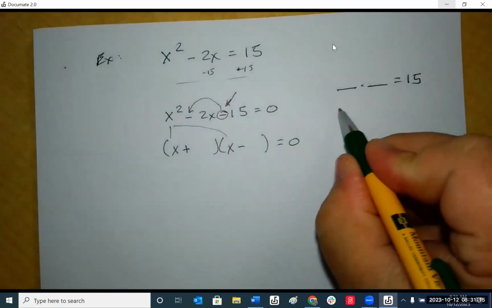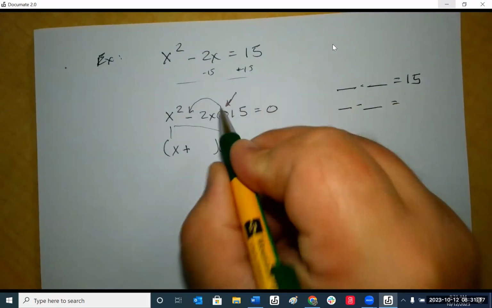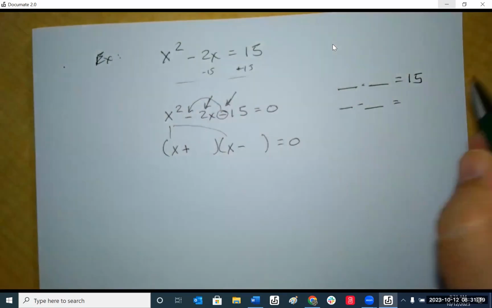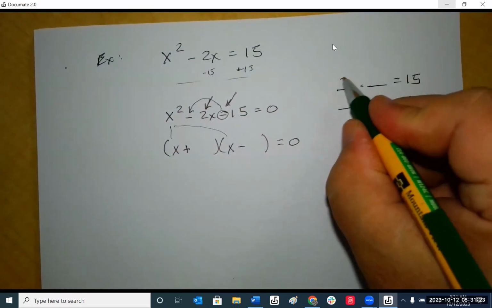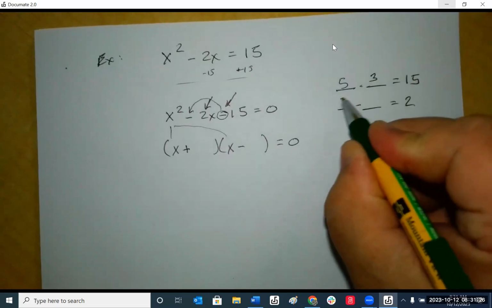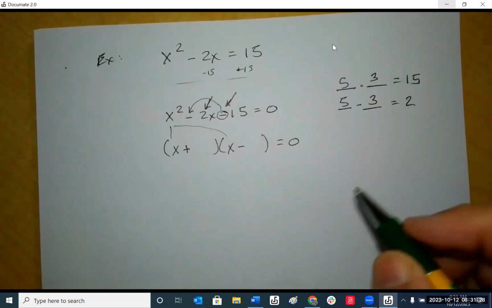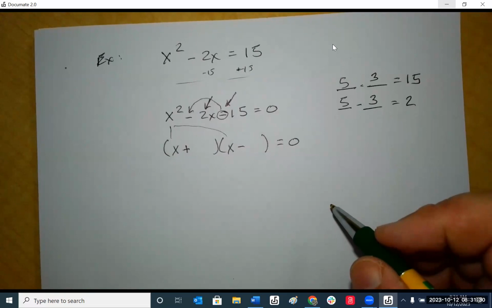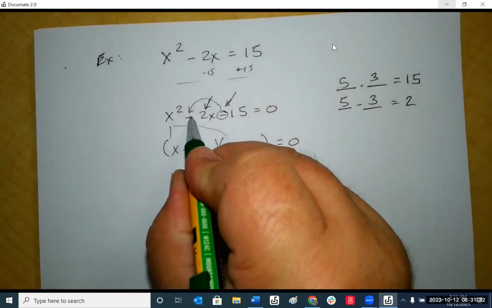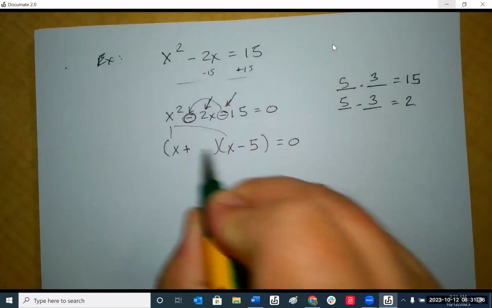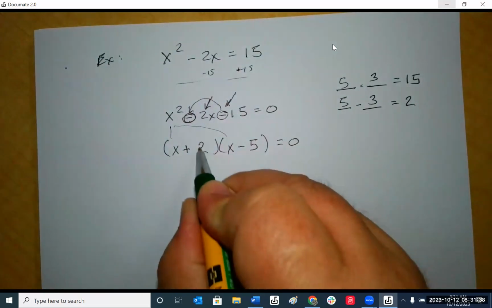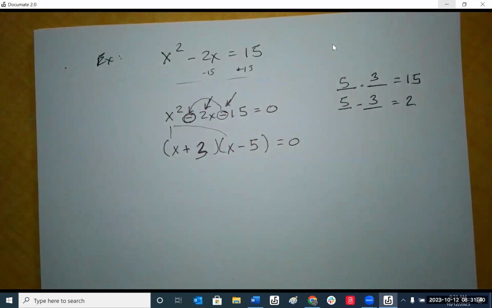When I subtract them, I get 2. 3 and 5. So 5 times 3, 5 minus 3. So those are my two numbers. Since the first sign is negative, the 5 goes with the negative.